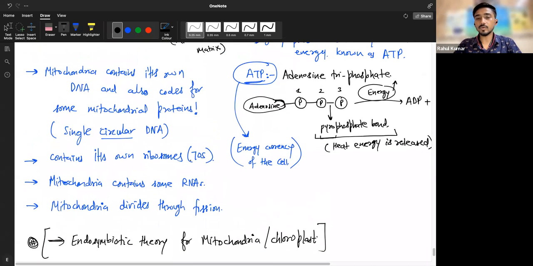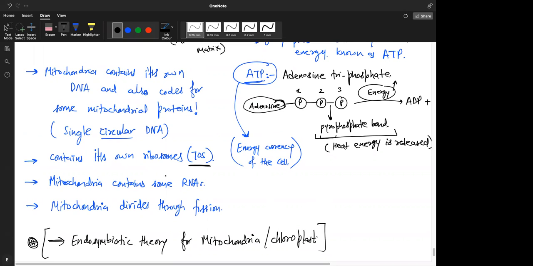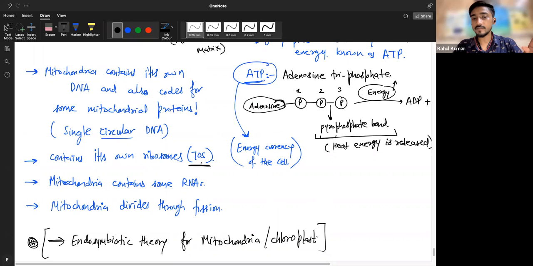Why do you have your own ribosomes? And that also 70S ribosome. 70S ribosome is a characteristic property of prokaryotes. So why do you have a 70S ribosome when you are living inside a eukaryotic cell?